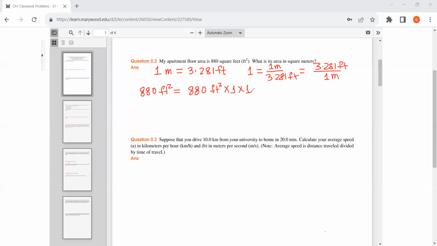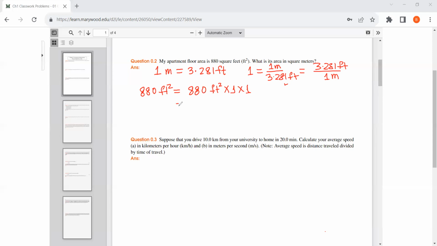Here we need two 1s, because we have to convert feet twice. Again we have to choose carefully so that we can cancel square feet in the numerator, which means we need feet in the denominator. So the correct choice again will be this one.